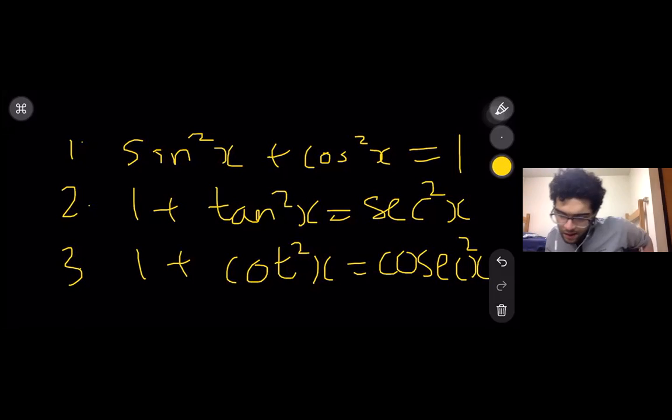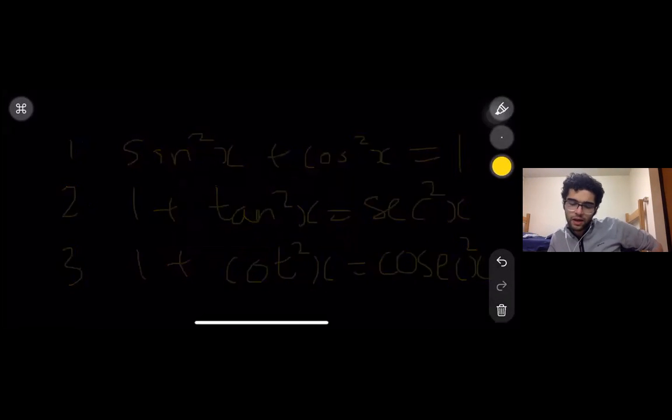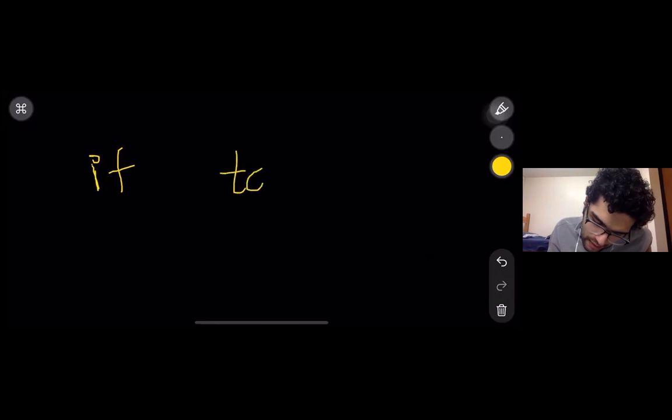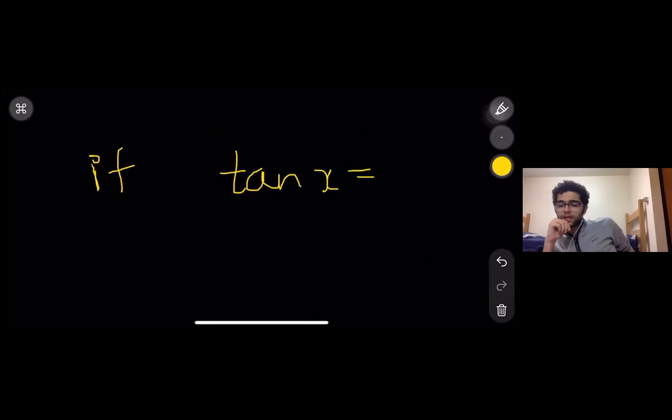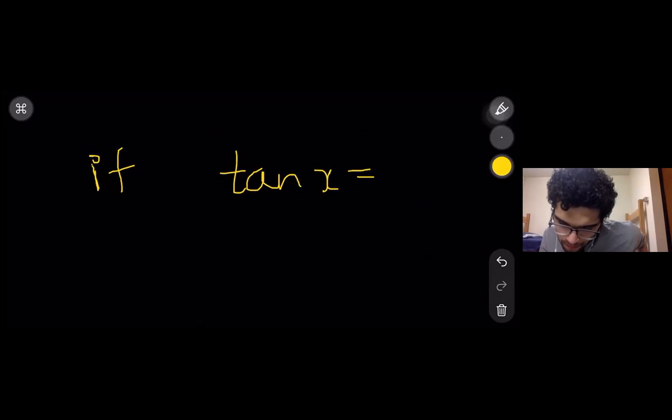Okay, fine. So let's see. If you know that tan of x is, let's say, 0.7.